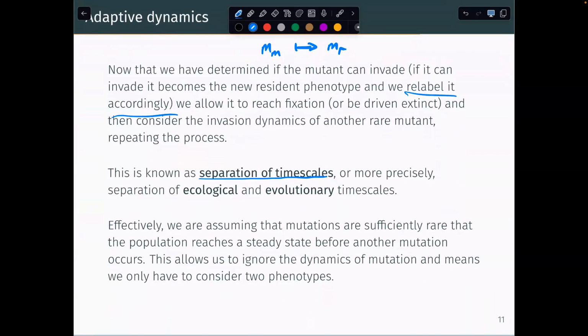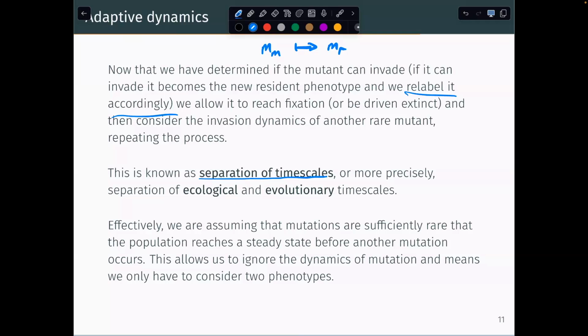So what we're effectively assuming is that mutations are sufficiently rare that the population reaches a steady state before another mutation occurs. If you have lots and lots of mutations occurring, then we'd expect there to be lots and lots of different phenotypes competing at the same time. If mutations are sufficiently rare, by the time one mutation arises, everything else has settled down.